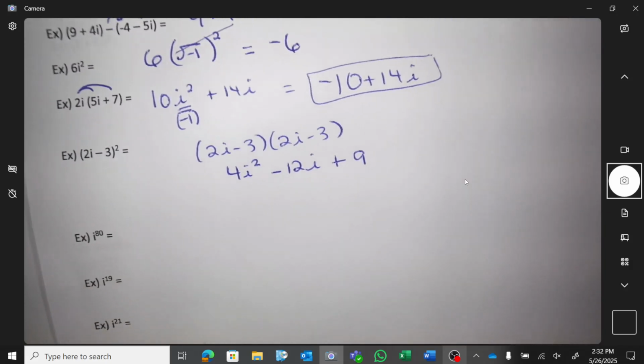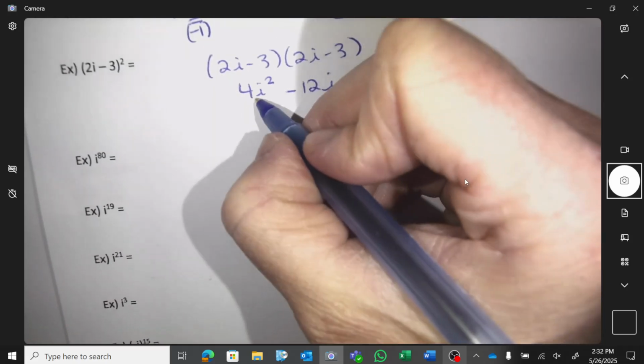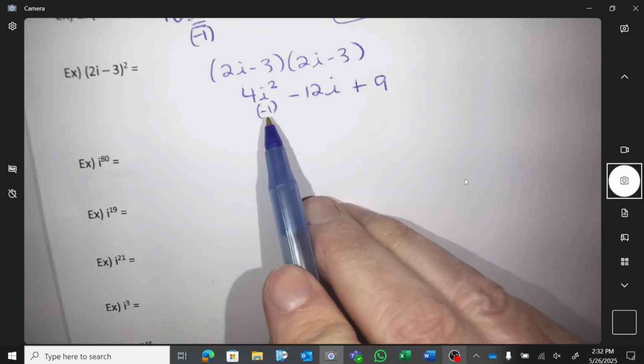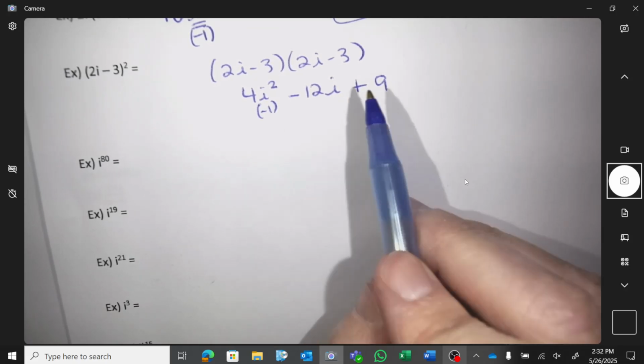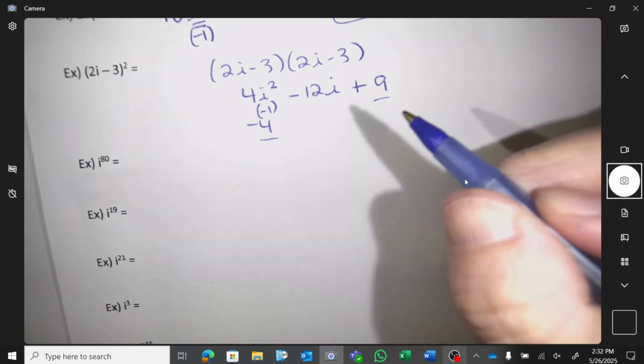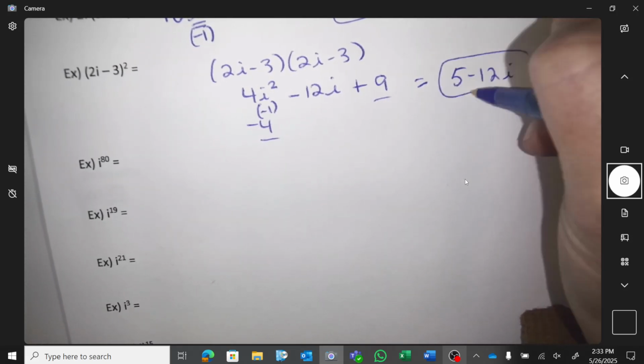What did you just learn about i squared? It's negative 1. So this is actually the number negative 4. So now I can put it together with the 9. So that will make 5 minus 12i.